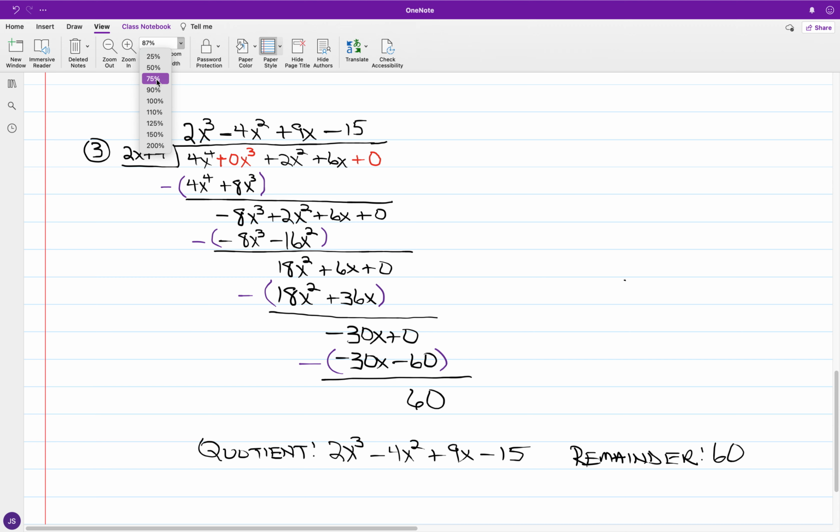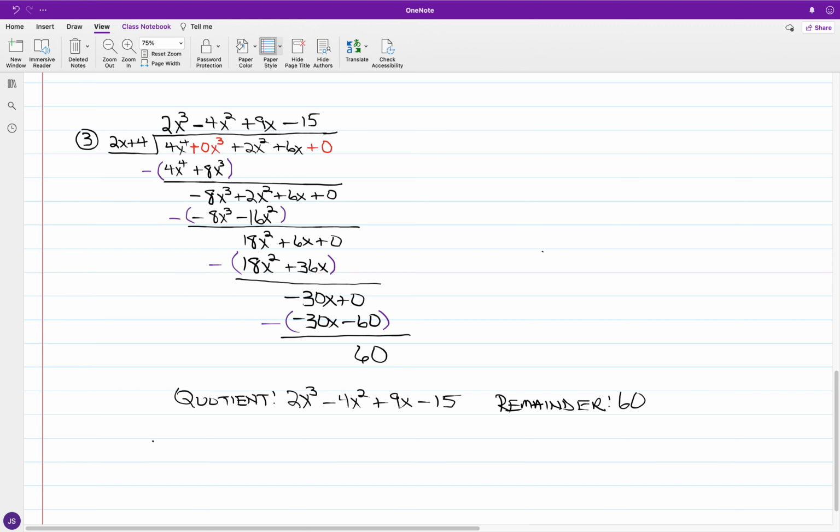And just looking at what we have, if you have the request to put in the consolidated terms, so you have 4x to the fourth plus 2x squared plus 6x, all over 2x plus 4.